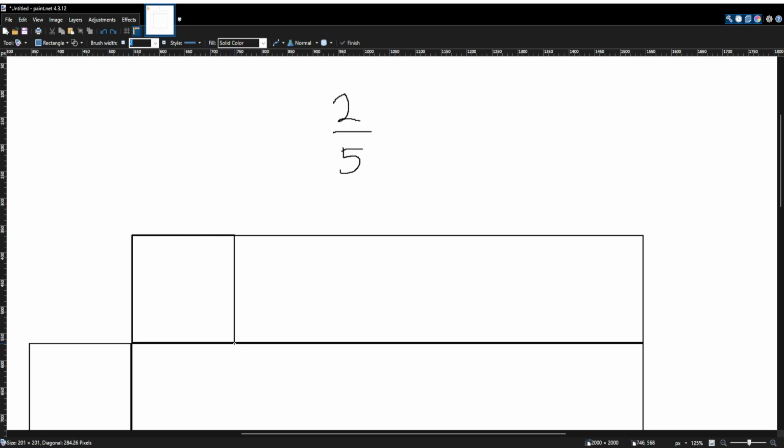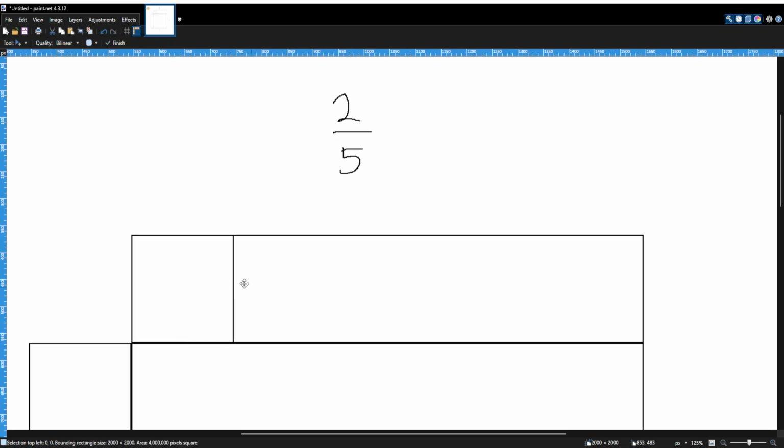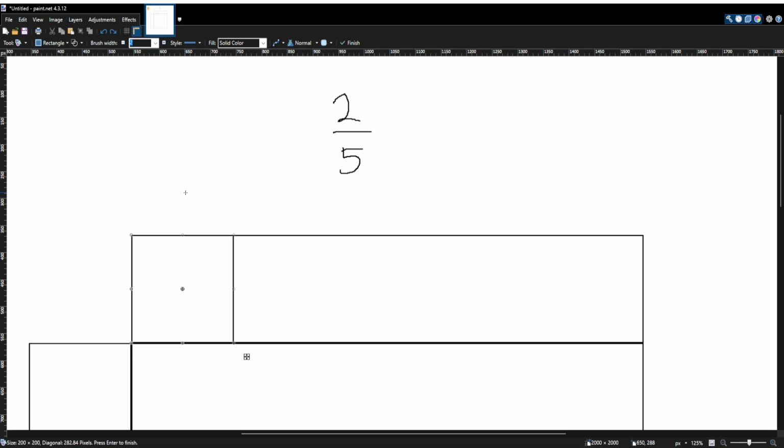then I will have 5 squares going across my rectangle. All right, give me a second to get that done.